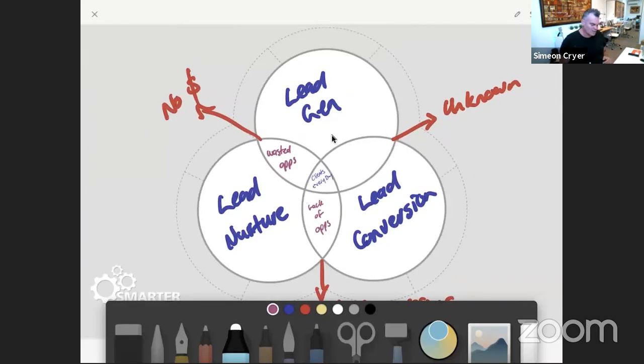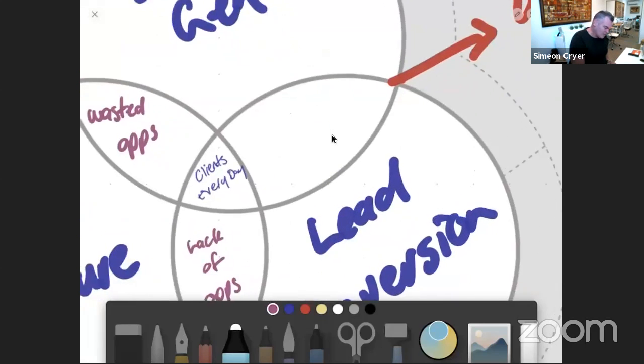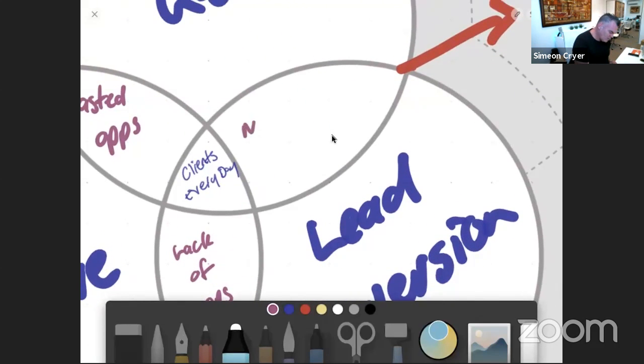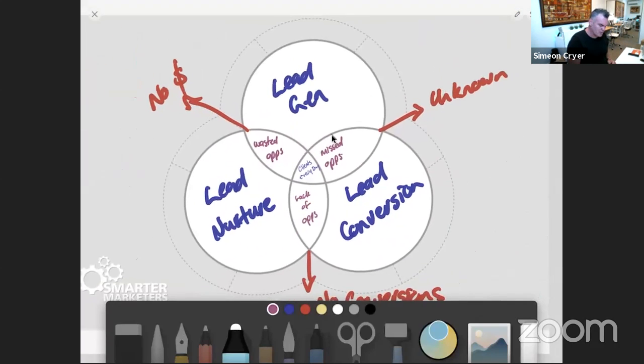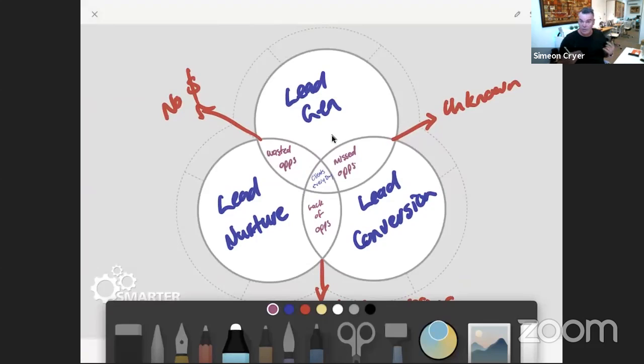And lastly, this is where most digital marketing agencies go straight from lead gen to lead conversion. And if you do that, then you've got missed opportunities, missed ops. And the reason why you've got missed opportunities, again, is because you're unknown and therefore untrusted. There's no social proof, there's no case studies.